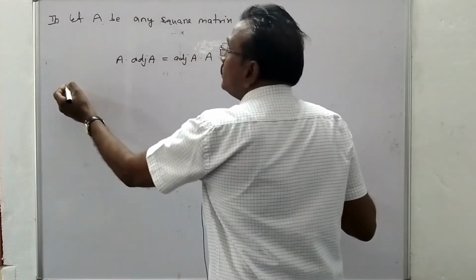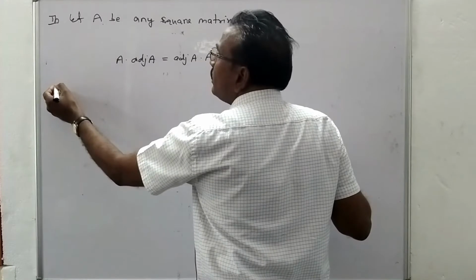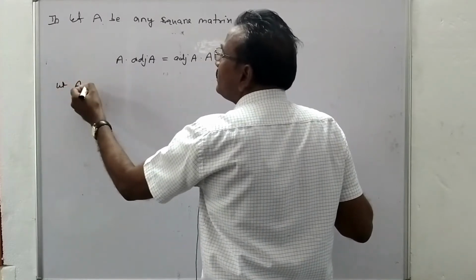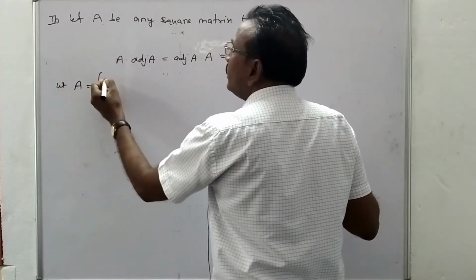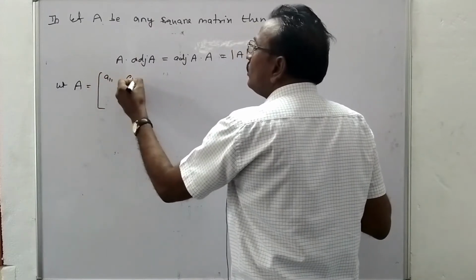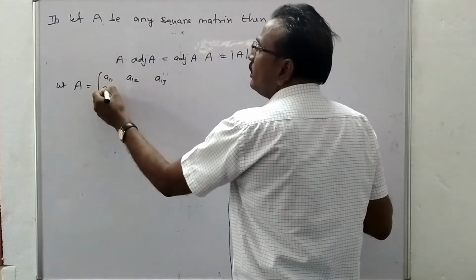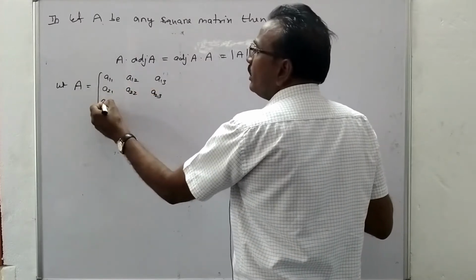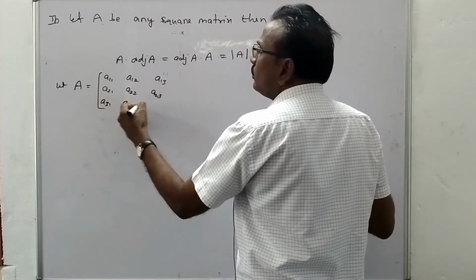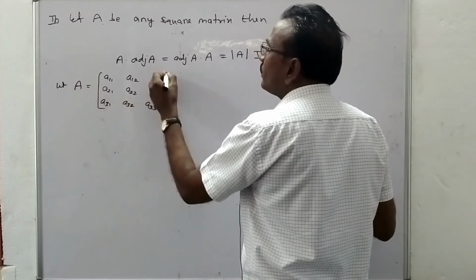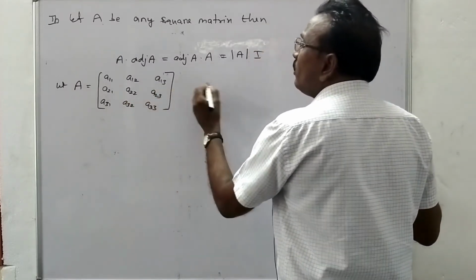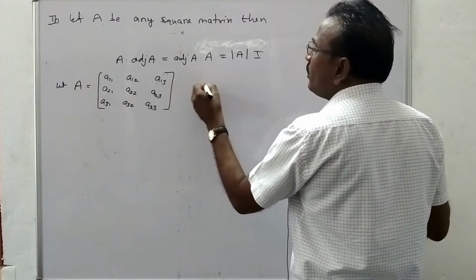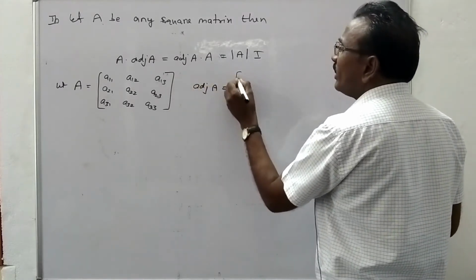Now the proof. Let matrix A be the matrix with rows a11, a12, a13; a21, a22, a23; a31, a32, a33, and the adjoint of A is the transpose of the cofactor matrix.